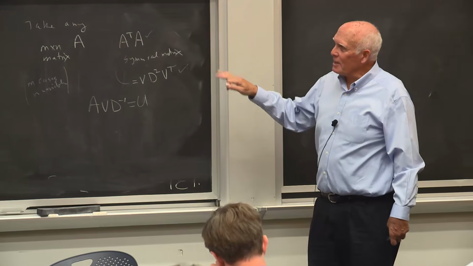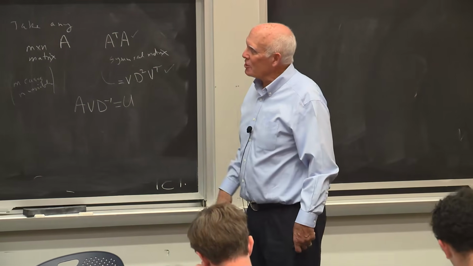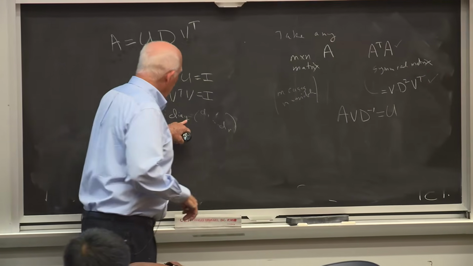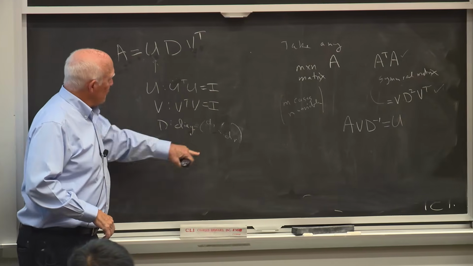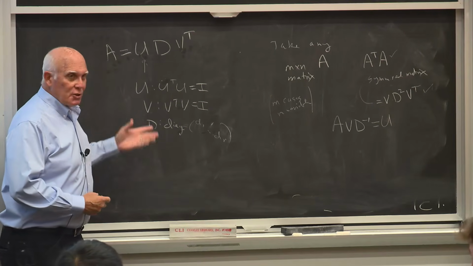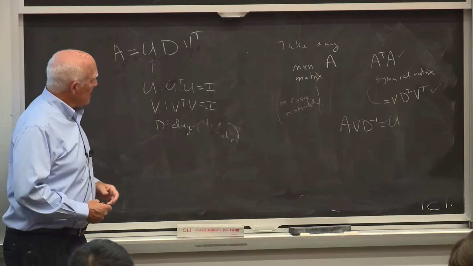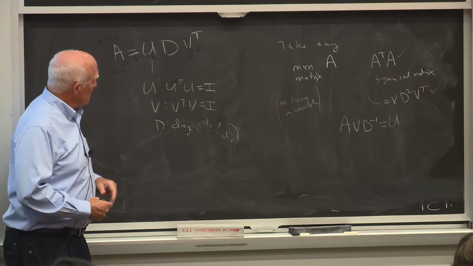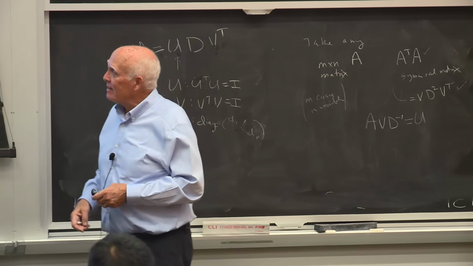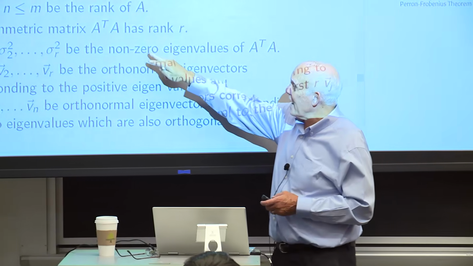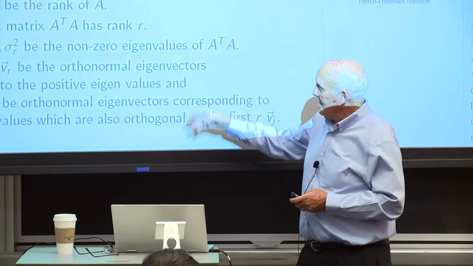Now, all of this is a bit casual with my notation. The number of non-zero diagonal entries here can be limited to the rank count of the matrix A. And so that's the way it can play out. So we basically have non-zero eigenvalues of A transpose A. There will be R, the rank, non-zero eigenvalues.